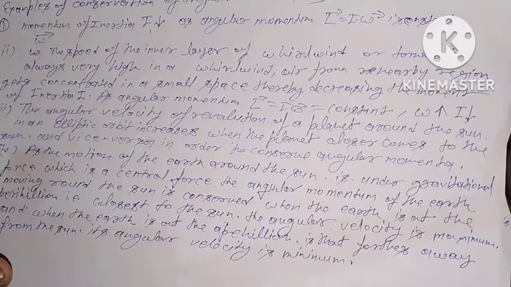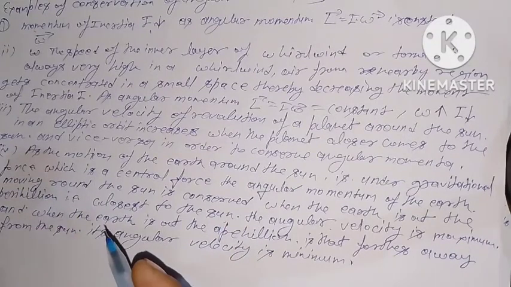And when the earth is at the aphelion, that means farthest away from the sun, its angular velocity is minimum.